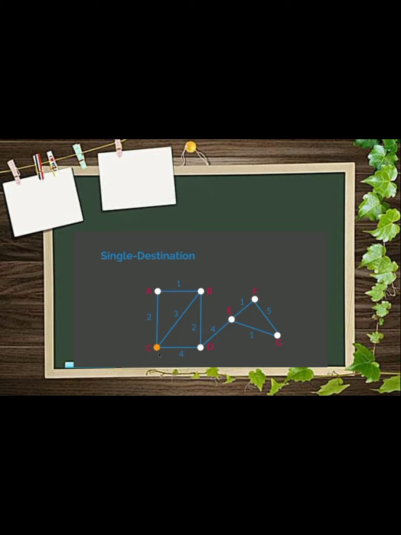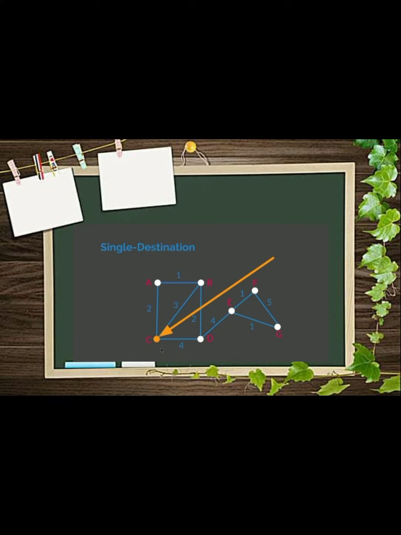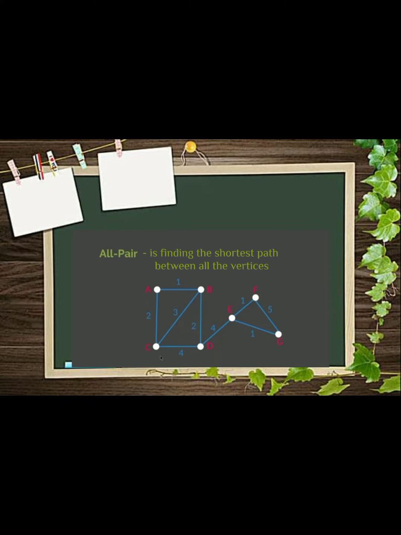However, in single destination shortest path problem, we find the shortest path from the rest of the vertices to our destination. Here, our destination is C, so the paths in single destination shortest path problem will originate from the other vertices to your destination.